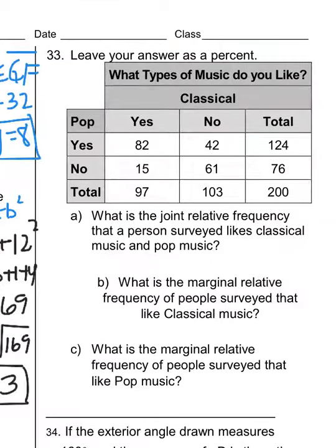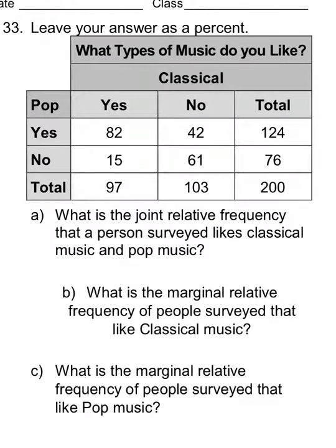Number 33. They're asking us to find the joint relative frequency. When you're trying to find the joint, you're going to use these numbers and the 200 at the end. So we need to find out where someone likes classical and pop at the same time.